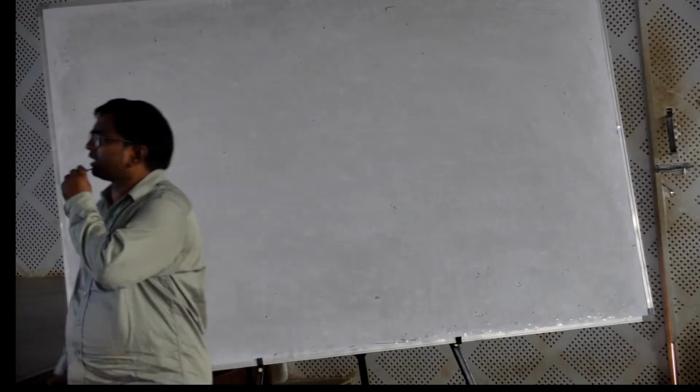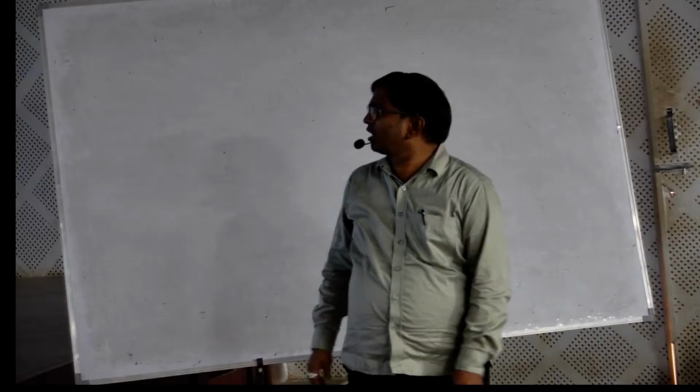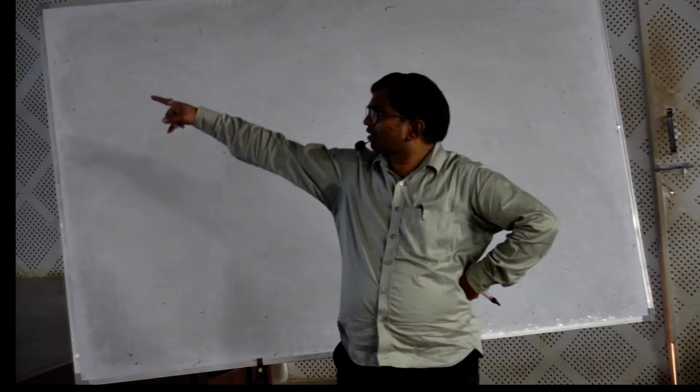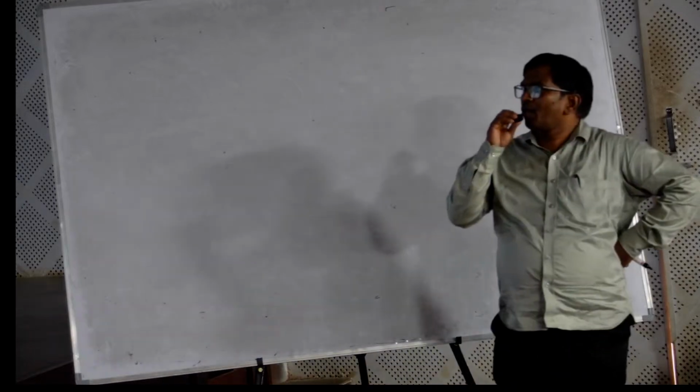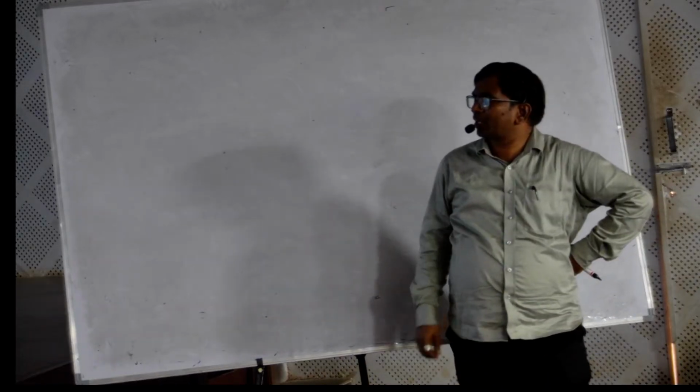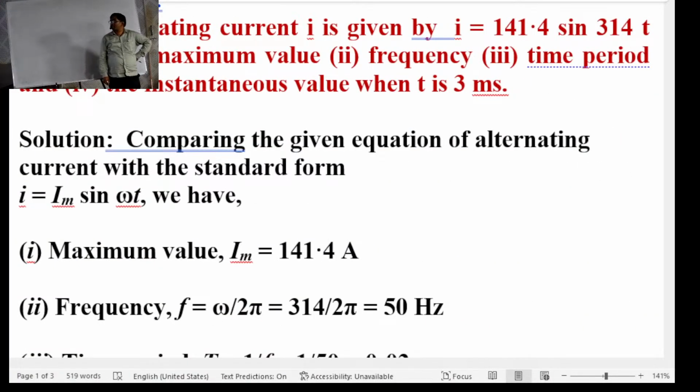An alternating current I is given by I is equal to 141.4 sin 314t.